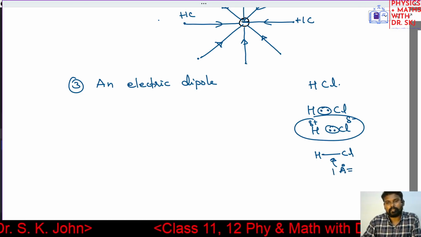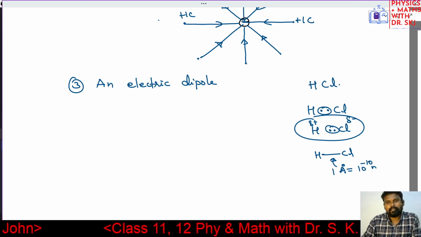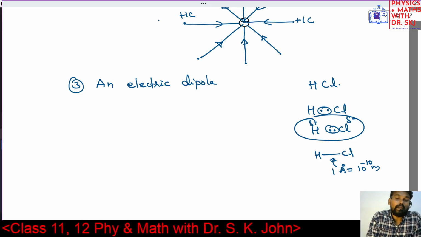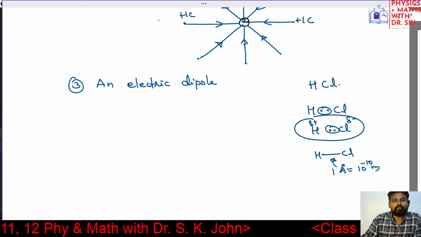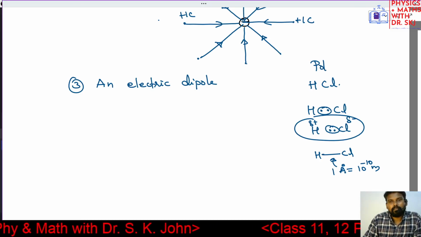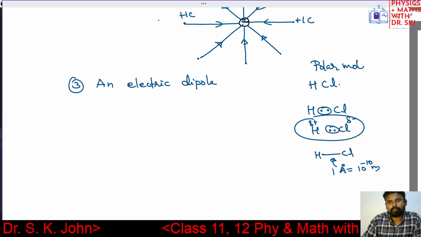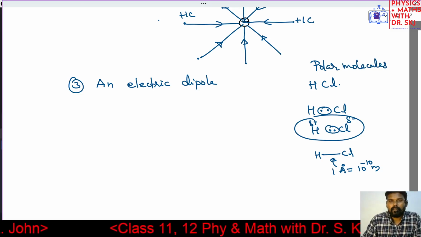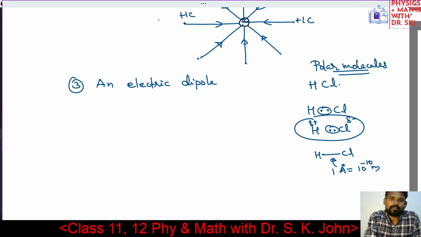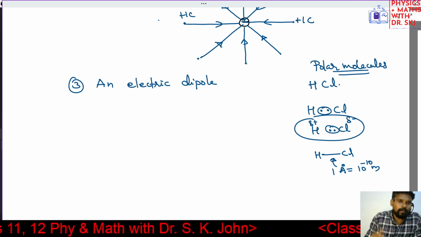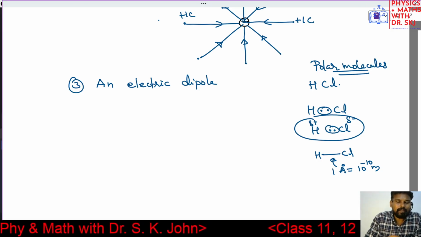One angstrom unit is 10 raised to minus 10 meters. So it is very small. Usually such molecules are what we call polar molecules. Polar means the poles are separated. Polar molecules are examples of electric dipoles.